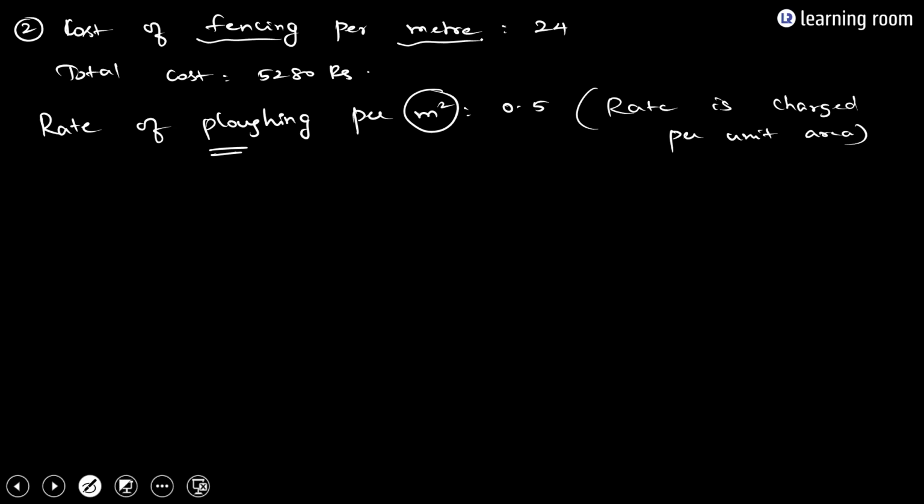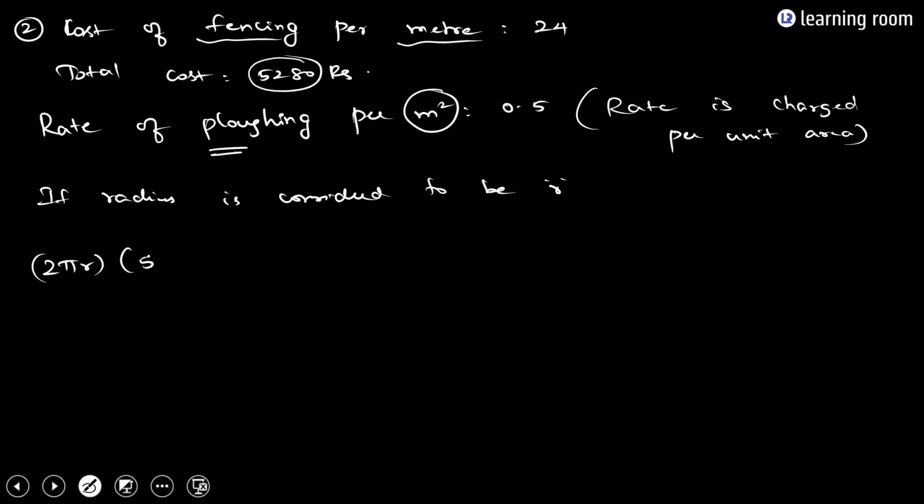So they have told that the total cost, so if I take the radius of the circle as r, then 2 pi r multiplied with 24 should be equal to how much? 5280, which implies 2 pi r will be equal to 220. Does it cancel 5280? I think it is going through 20 times.